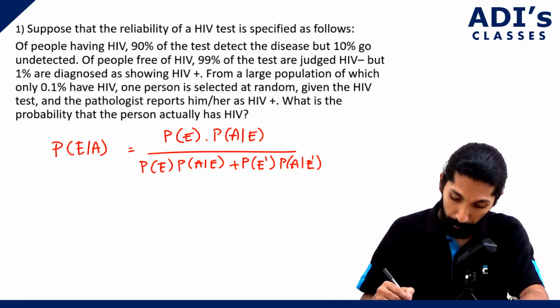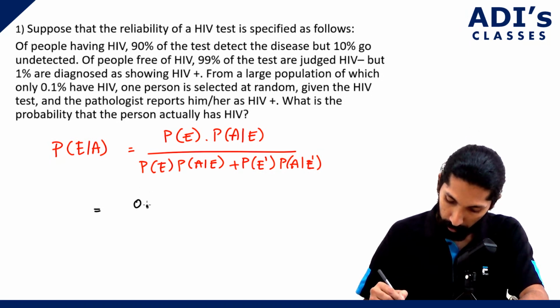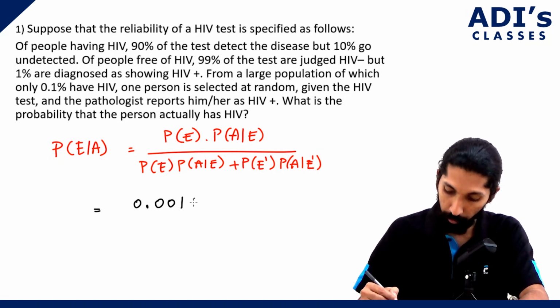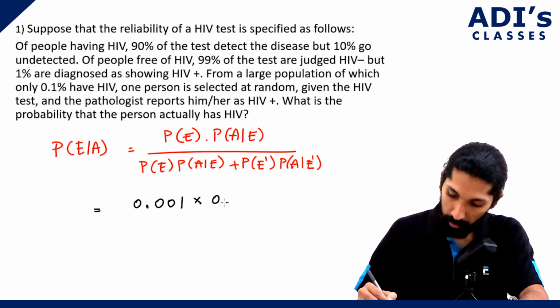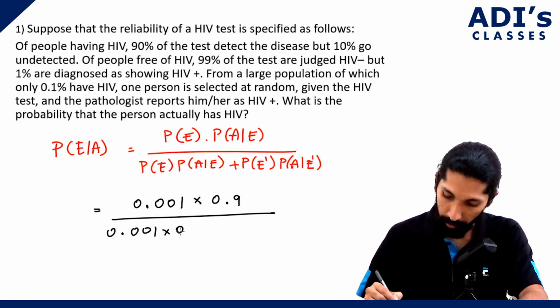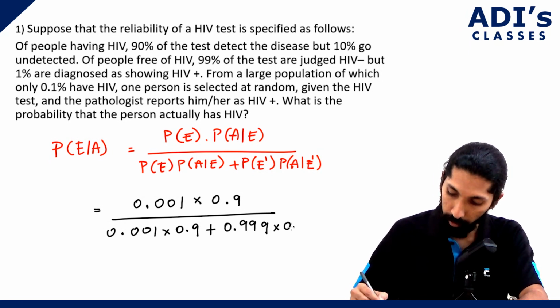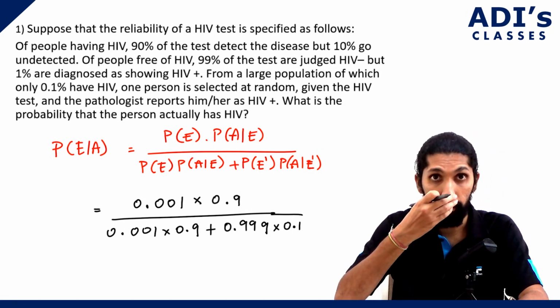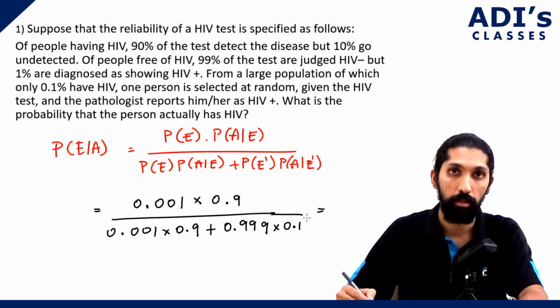Let's substitute. P of E is 0.1%, 0.001, into P of A given E, that is 0.9, divided by 0.001 into 0.9 plus 0.999 into 0.1. Correct?